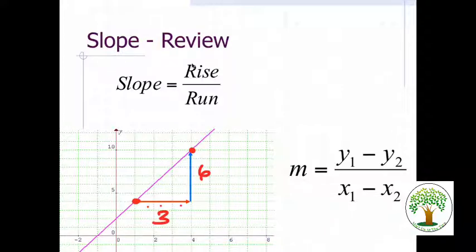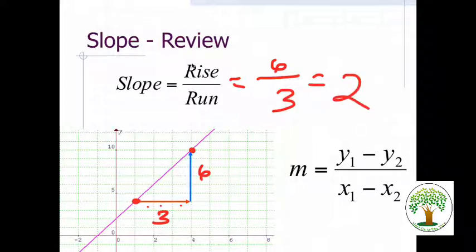And then we put them in the fraction. Which one's the rise? The 6 or the 3? The 6. So we would put 6 on top. And the run is the one on the side over here. It's the 3. We could reduce that. 6 divided by 3 is? 2.